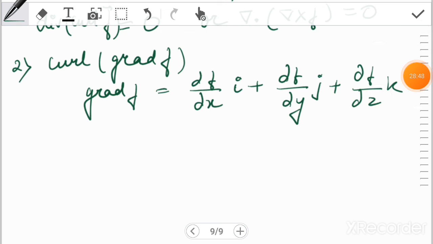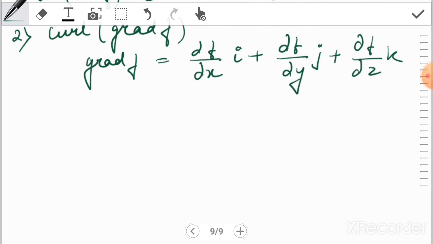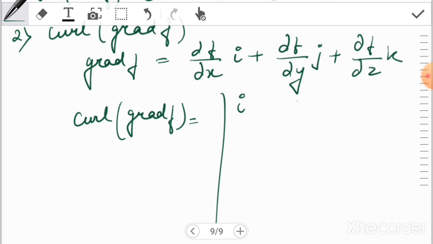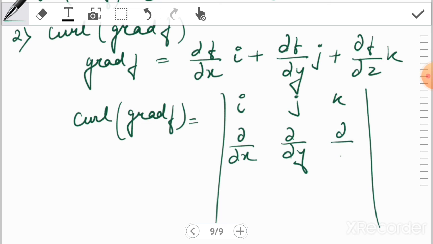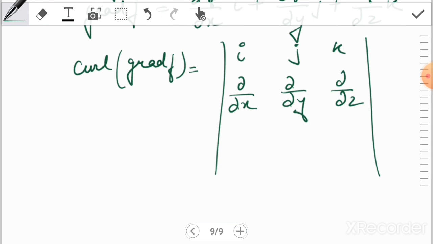Here f is a scalar field. Now let us take the curl of the gradient of f: i j k, del by del x, del by del y, del by del z, del f by del x, del f by del y, del f by del z.